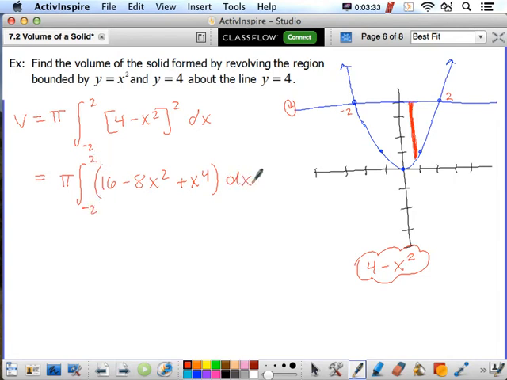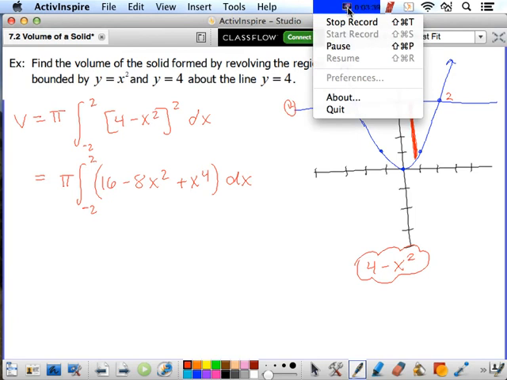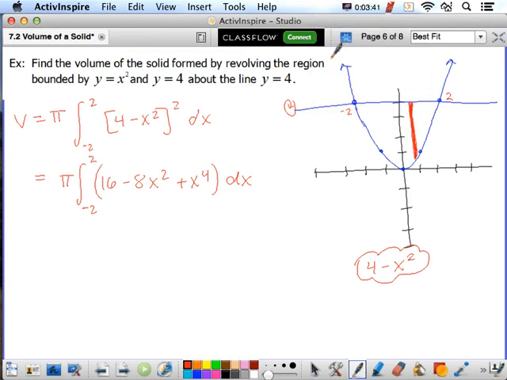So we'll pause right here and let everybody catch up and see if you can get that integrated and find a numerical value for the volume. Okay, so this integrated up to 16x minus 8/3 x cubed plus 1/5 x to the 5th. Okay, from negative 2 to positive 2.